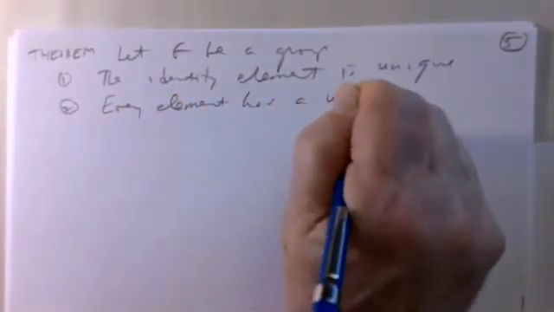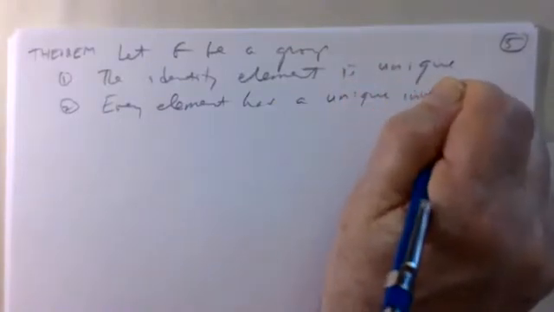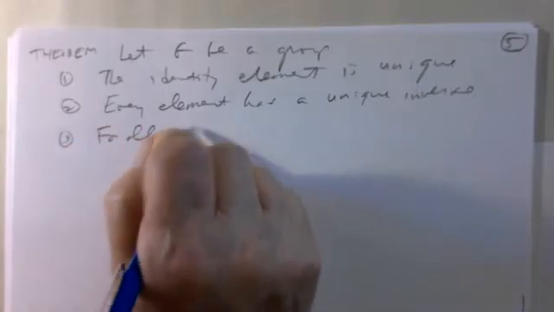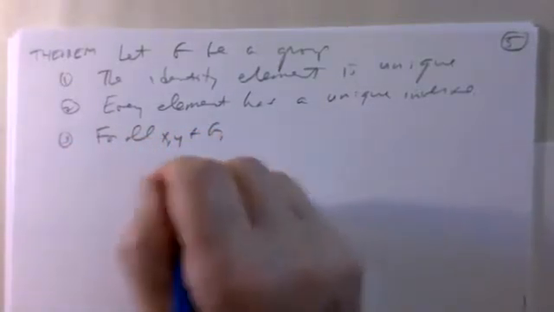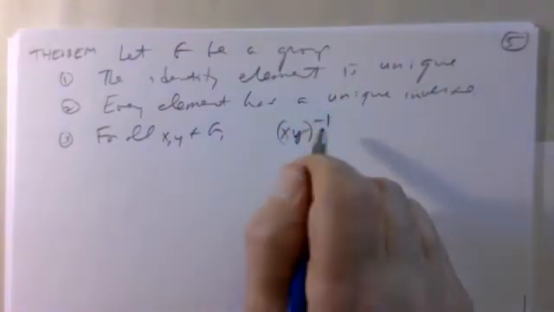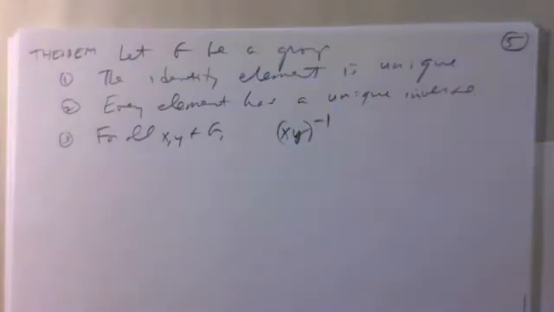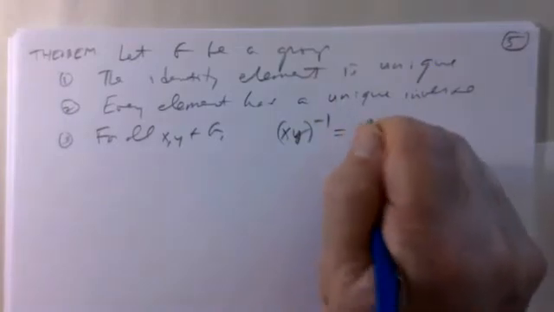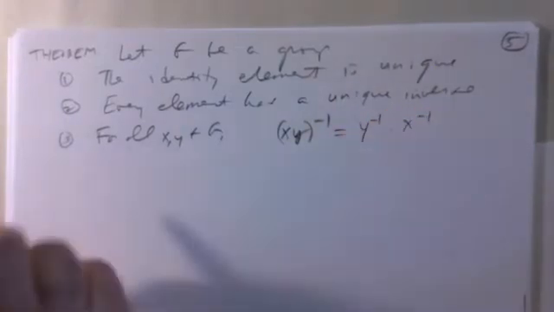Two, every element has a unique inverse. The inverse element of a group is unique. And third, for all x and y in the group, if you take the product of x and y and take its inverse, this power minus 1 means inverse, that's equal to the product in the reverse order, the inverse of y times the inverse of x.